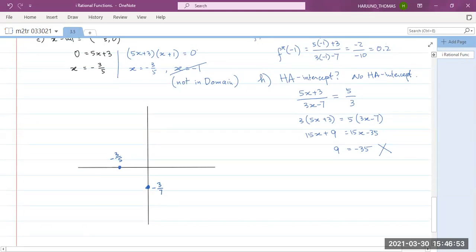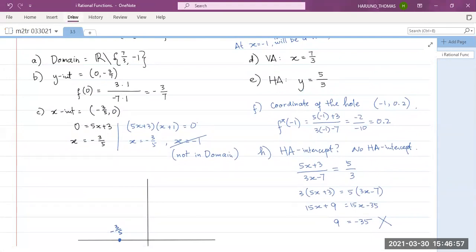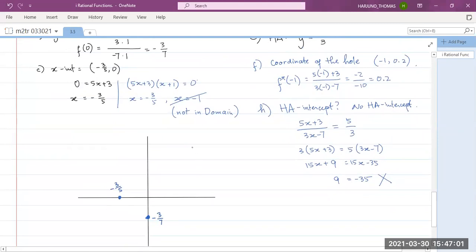And then what else? We have vertical asymptote 7/3. Let's say it's approximately here. The graph will never intersect the vertical asymptote.